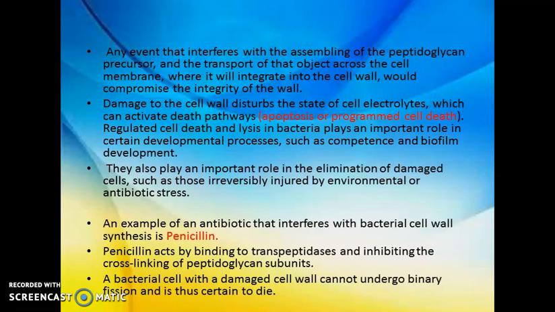The bacterial cell with a damaged cell wall doesn't undergo binary fission, and the cell may die. So by inhibiting the cross-linking of peptidoglycan, the multiplication of the bacterial cell doesn't take place and the bacteria will die.